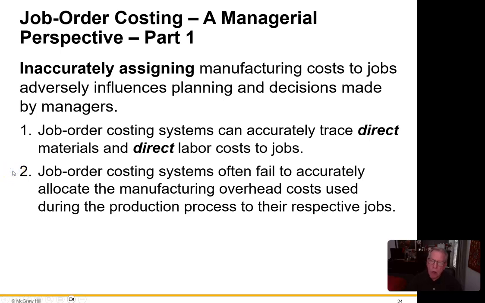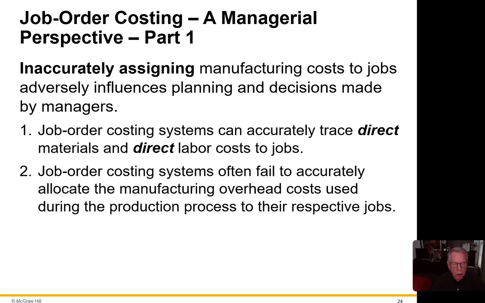But job order costing systems often fail to accurately allocate manufacturing overhead costs used during the production process to their respective jobs. I can remember working at Xerox as an internal auditor in one of my first positions, where costs were so inaccurately assigned that Xerox didn't know what it cost to make their product.